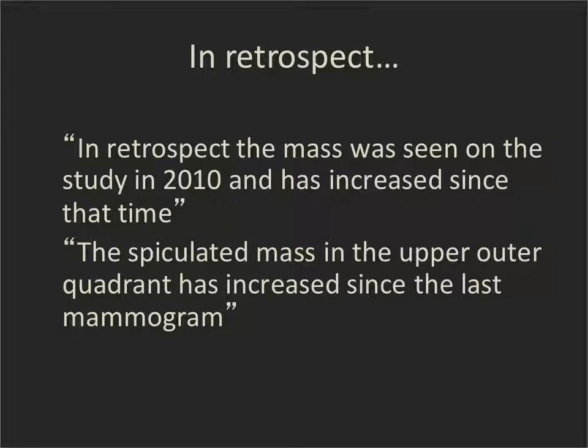You're just going to cause a lot of trouble for another radiologist. I would suggest that you just state the findings as you see them now. So you just say that there's a 2 centimeter spiculated mass in the right upper outer quadrant, highly suspicious of malignancy, and we recommend biopsy and move on from there.